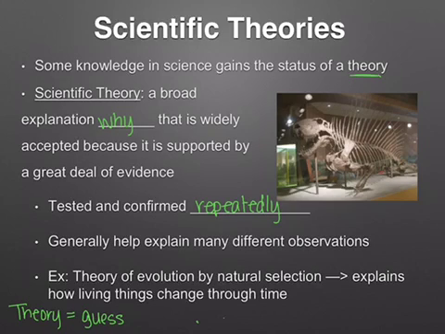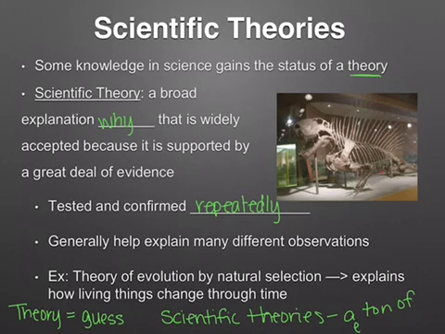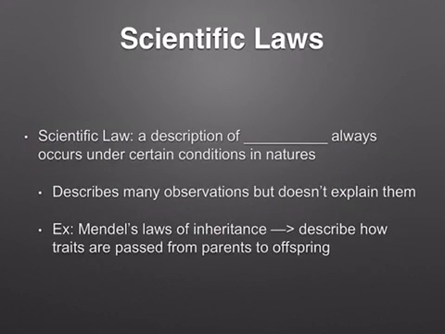And when we're speaking in everyday language, that's fine. However, the important thing to remember is that these are scientific theories. And scientific theories have a ton of evidence to support them. And so they are no less valid than scientific laws.